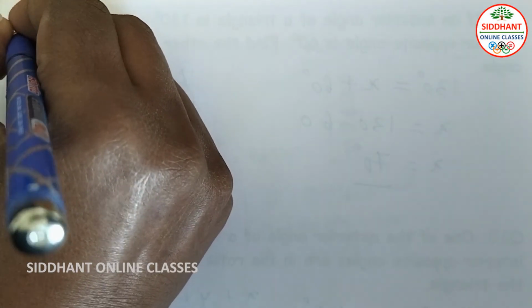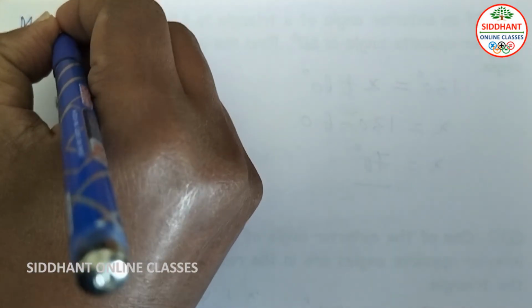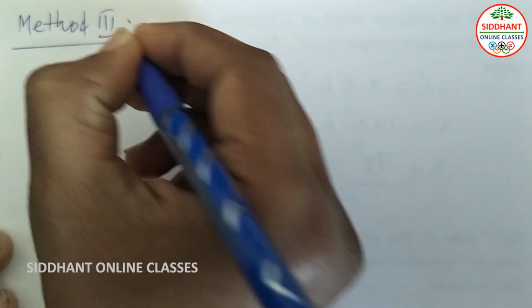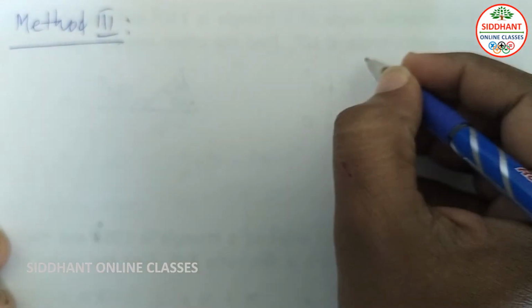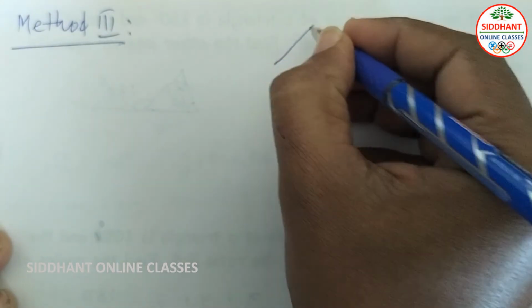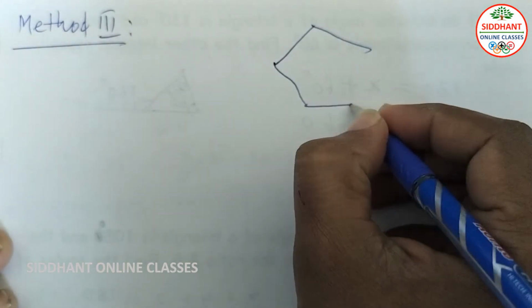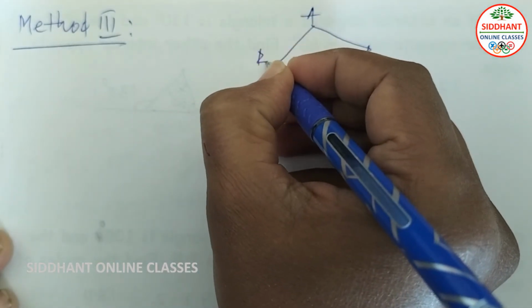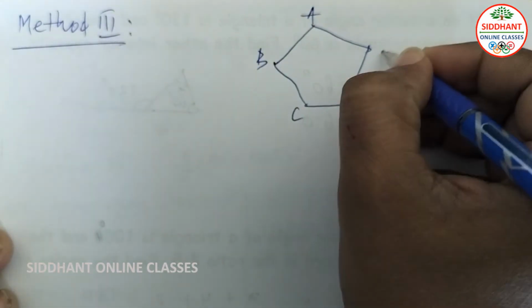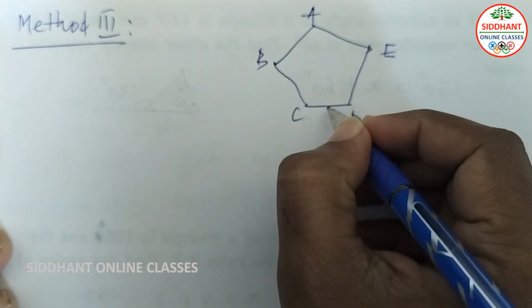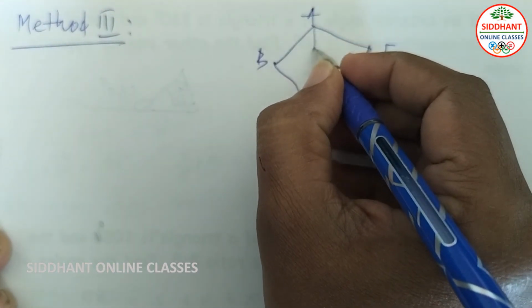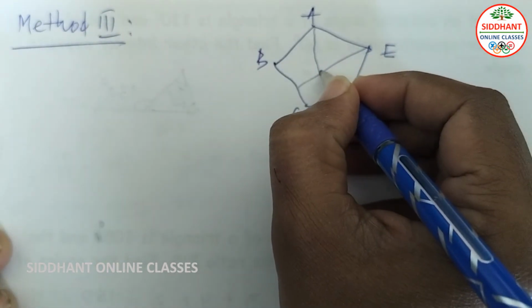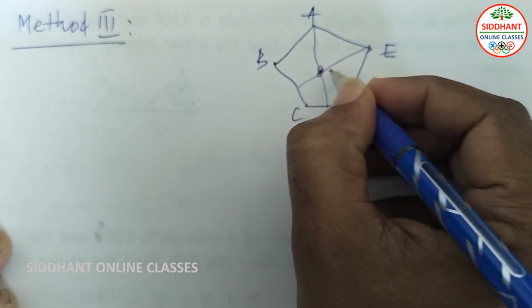Now we will see method 3 here. So you see the diagram is given in this format: A, B, C, D, E. If you join the midpoints here, you will be getting the centroid here.